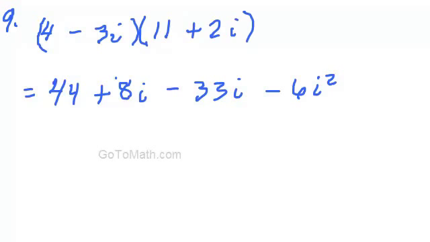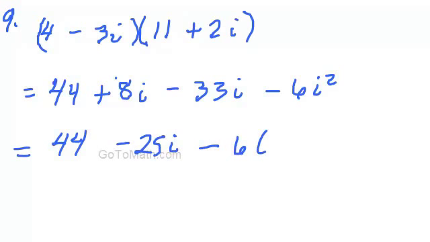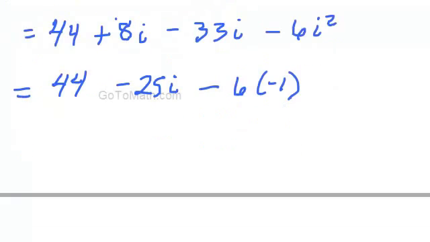Now let's get this in standard form. All right. 44, let's see, we have 8 minus 33, what is that? 25, okay. Minus 25i, and then minus 6 times negative 1, right? i squared is negative 1.